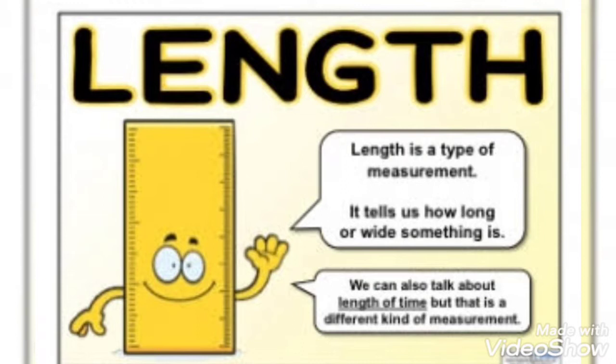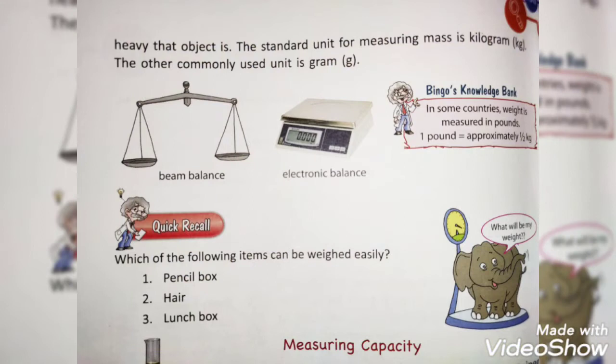That's why we need a standard unit to measure a particular thing. The measurement obtained using a body part is not accurate, since the size of body parts differs from person to person. Therefore, we need to have a standard unit of measurement.